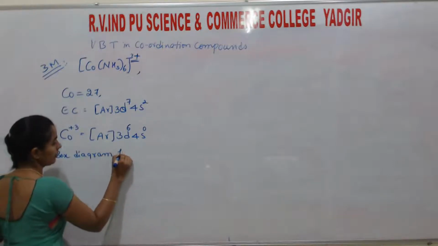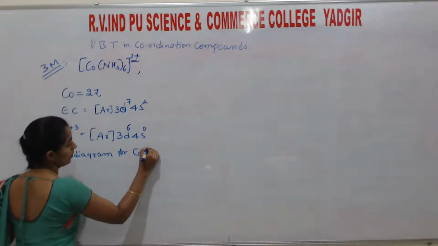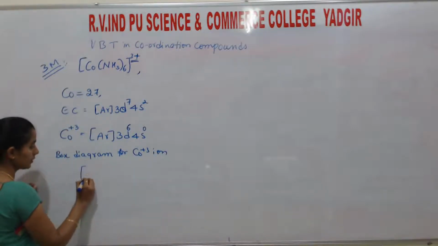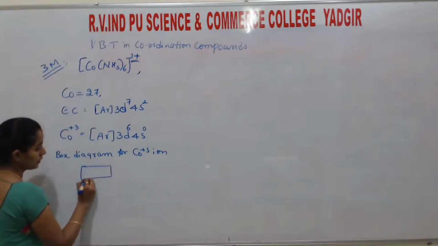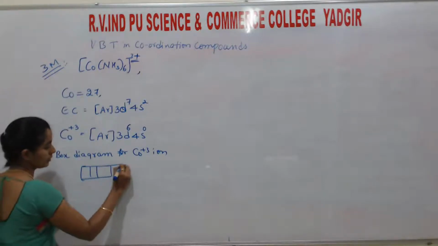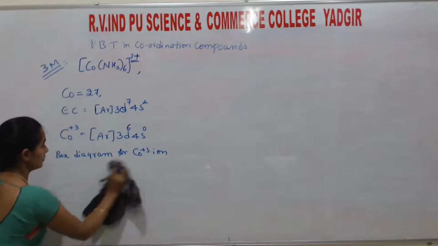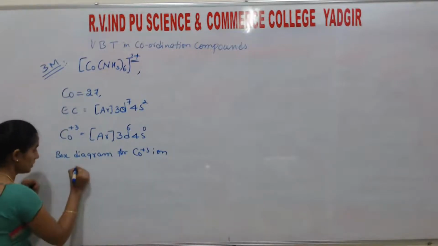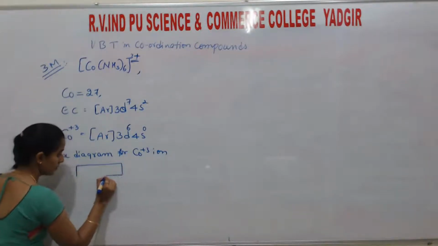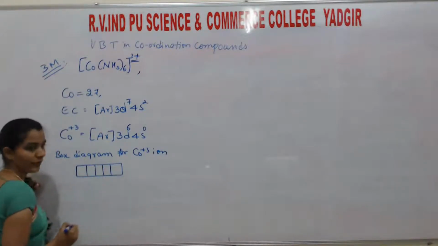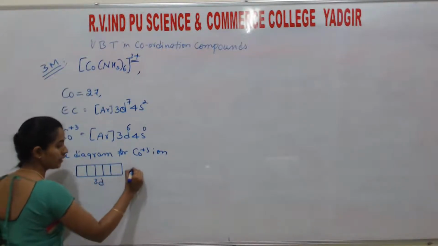Box diagram for the Co3+ ion. Listen. 1, 2, 3, 4, 5. These are the 3d orbitals.